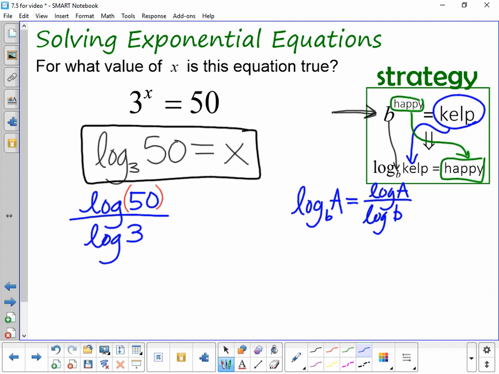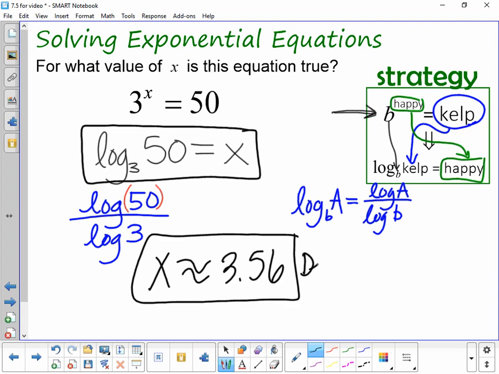So this would tell us that x is about equal to 3.56. And that would just be a rounded decimal approximation. This would be considered an exact answer.